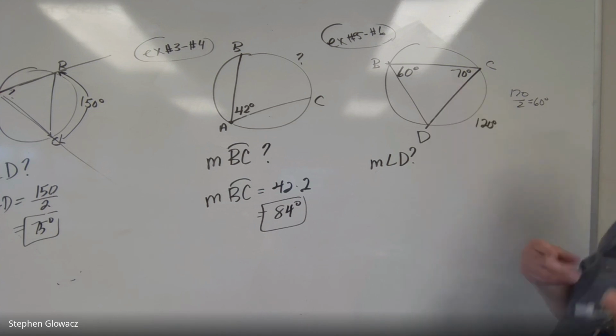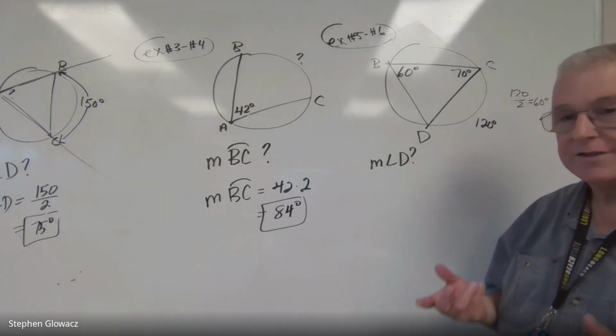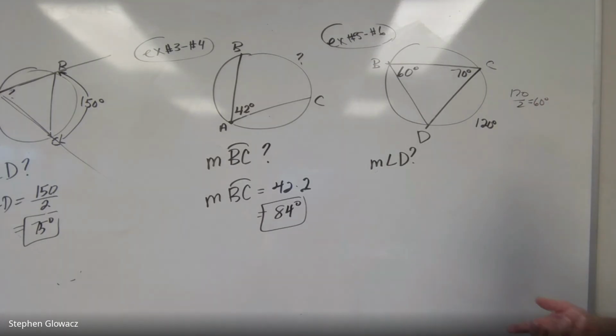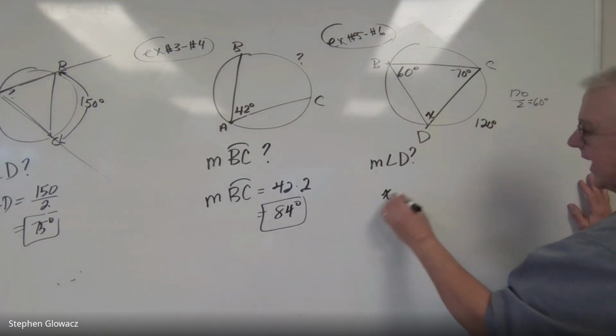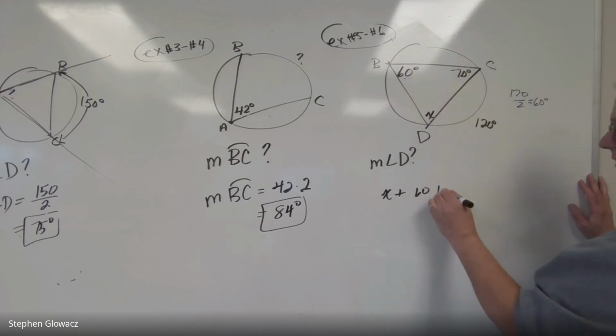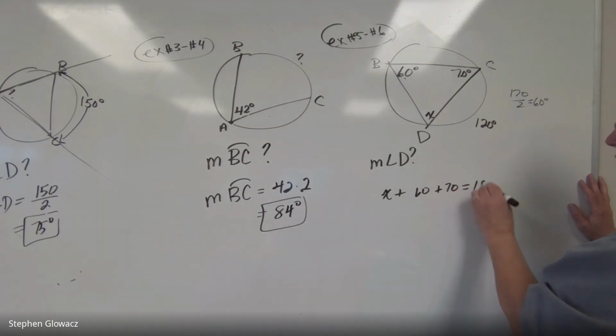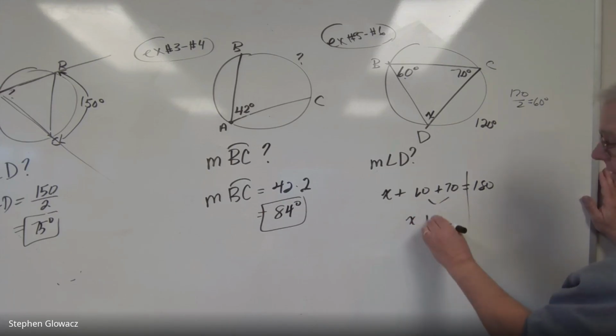Remember, in any triangle, the sum of all 3 angles is 180 degrees. So let's call this X here. I can say X plus 60 plus 70 equals 180. Now I just simplify and solve. 60 plus 70 is 130.